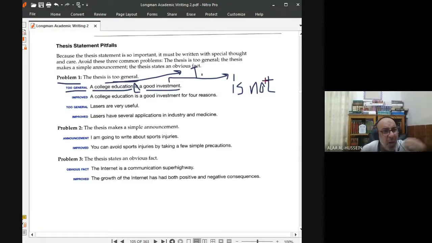The meaning is upside down. Why? Because I changed the verb. إذن the controlling idea starts from the verb.